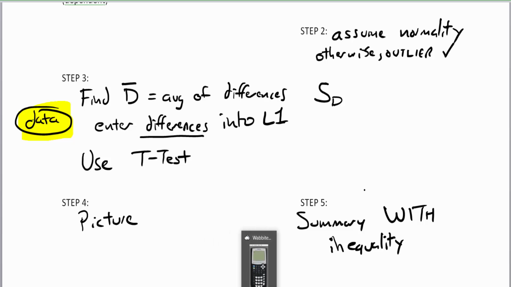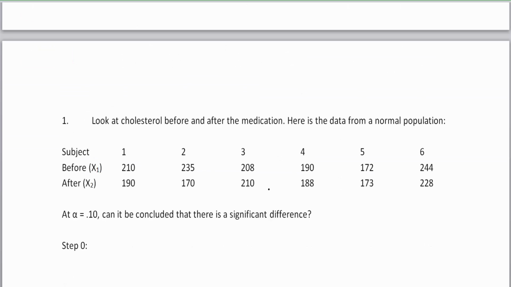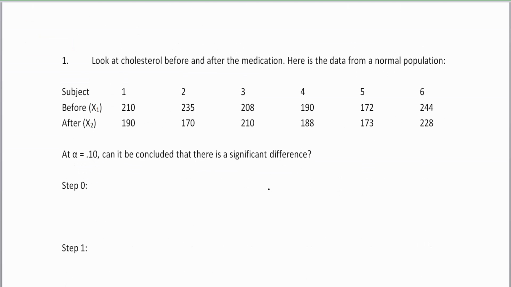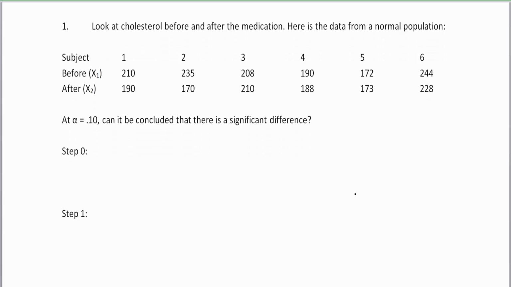Okay, so for the first of two examples here, we're going to look at our cholesterol data before and after some cholesterol medication. So here's data from a normal population. By having said that this is from a normal population, that means step 2 is going to be assuming normality. Step 0 is really looking at what kind of hypothesis test we have.